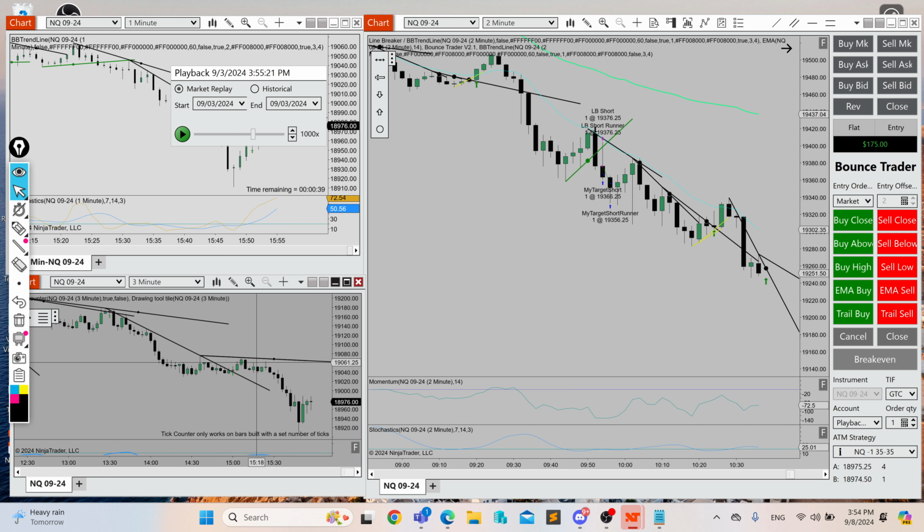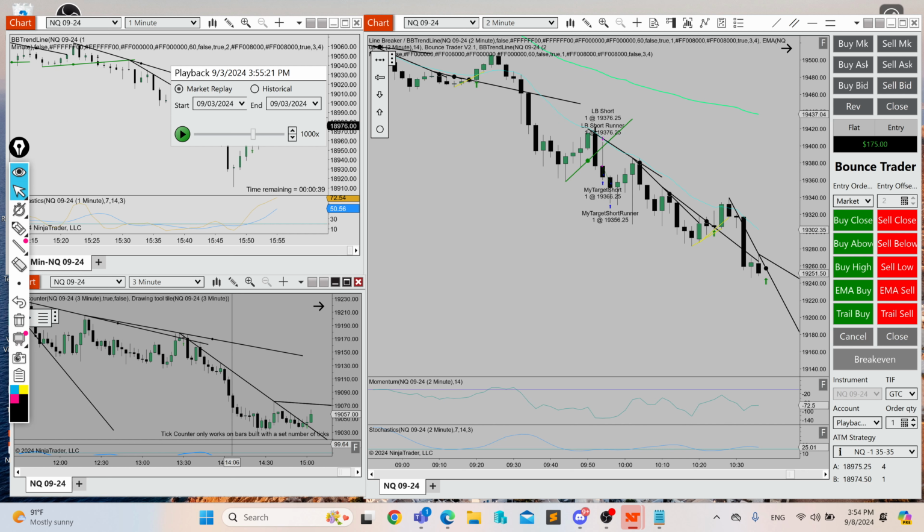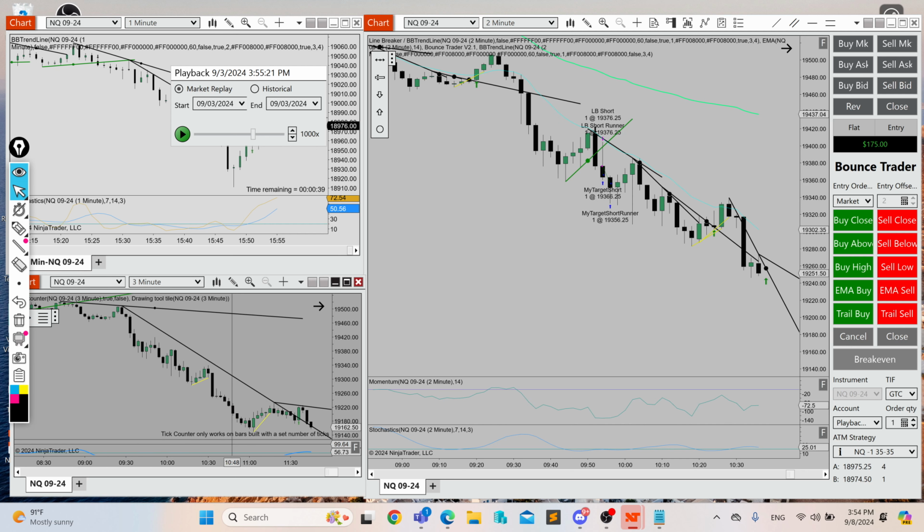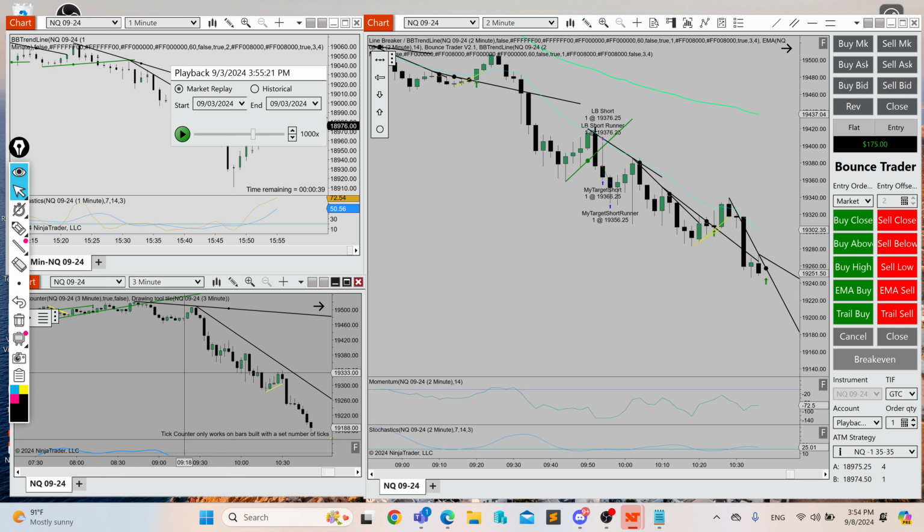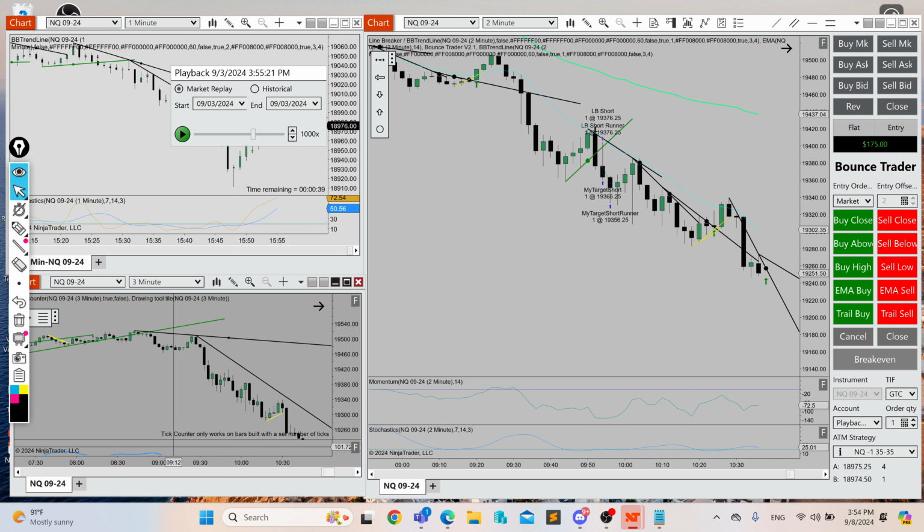So let's say this one is 9:52, and we are going back to 9:52. That would be somewhere here, and we have already a black line formed here.